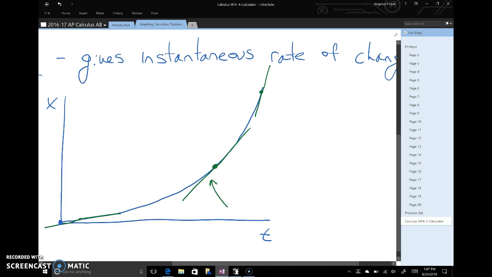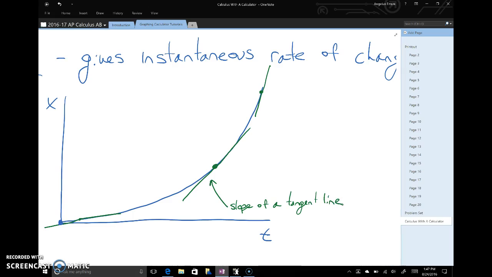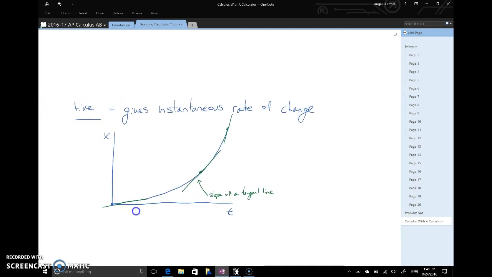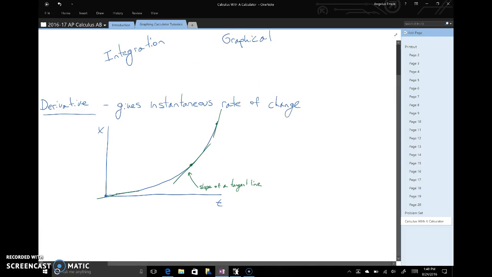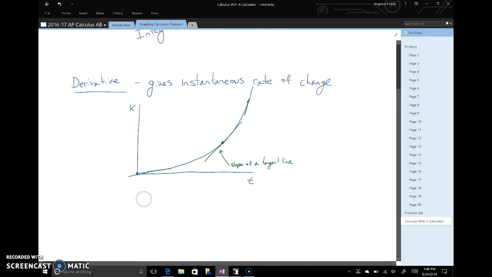A geometric representation of a derivative is the slope of a tangent line, which is drawn there to kind of exaggerate the slope for you so you can see what that slope is. So that's a derivative. It can help us understand the instantaneous rate of change.